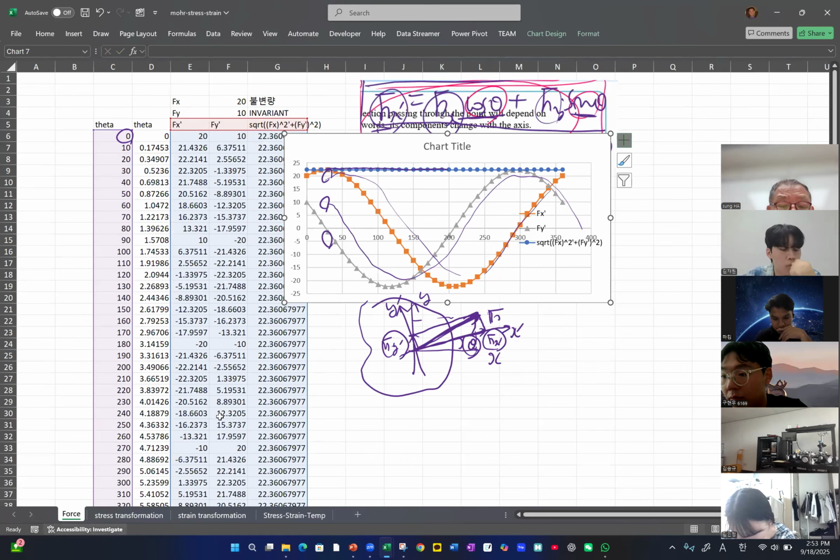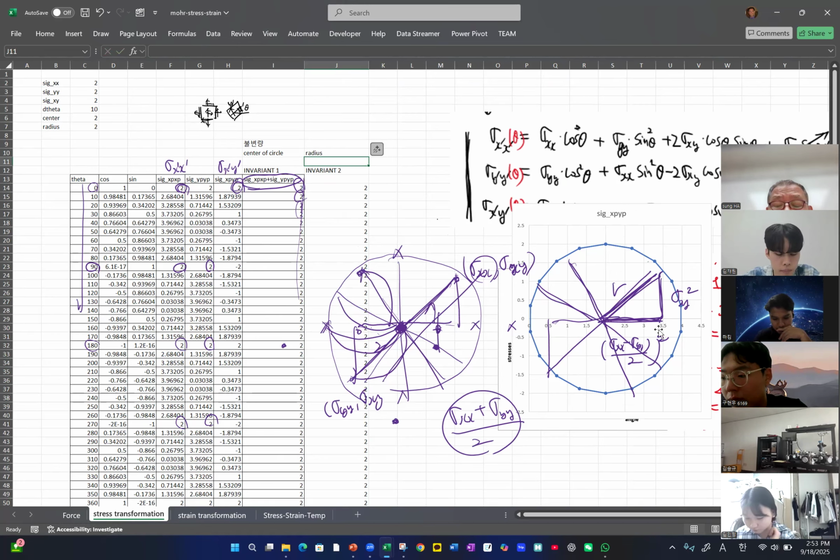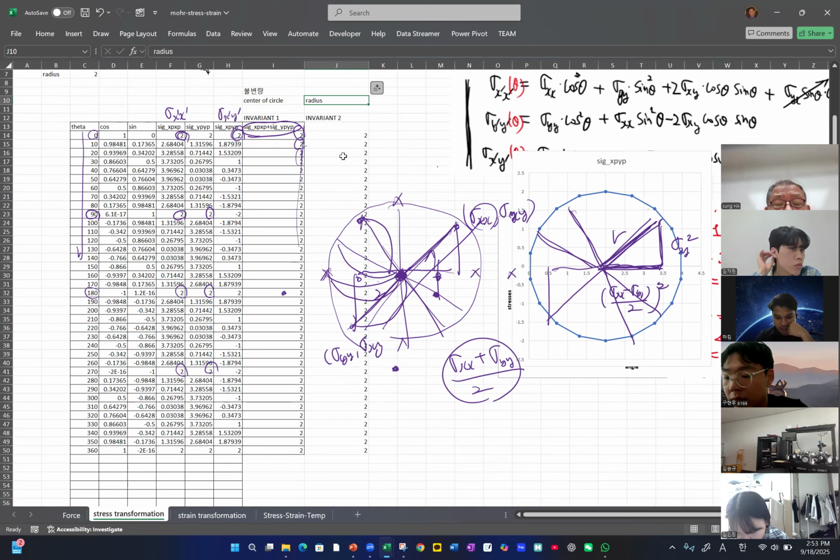Now, in stress transformation within this circle, there are two invariants: the center of the circle and the radius. We will further explain the physical meaning of these invariants, but right now we just observe how to calculate them. At this point, we try to understand that much.